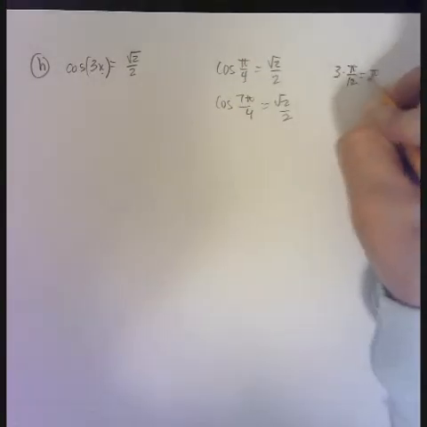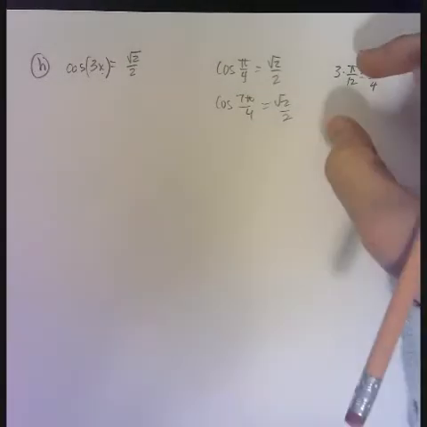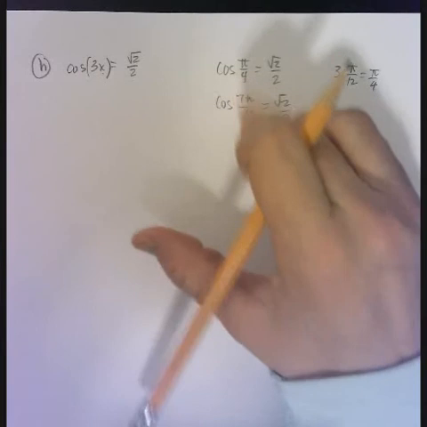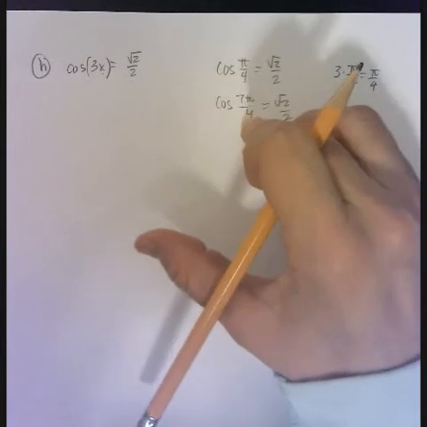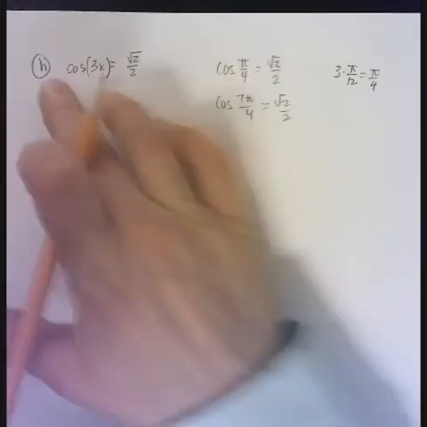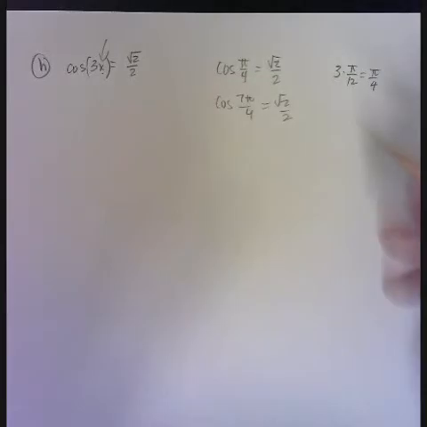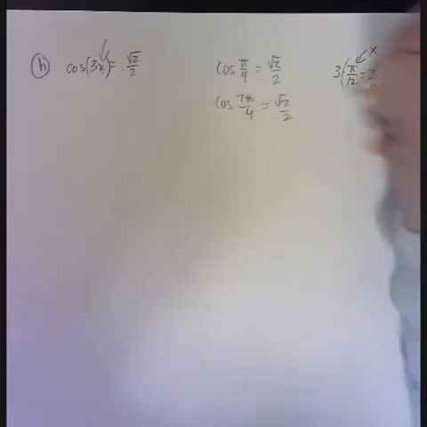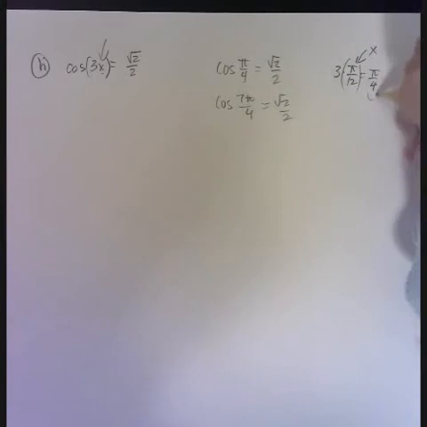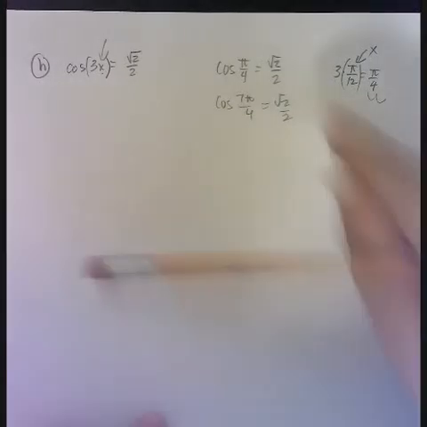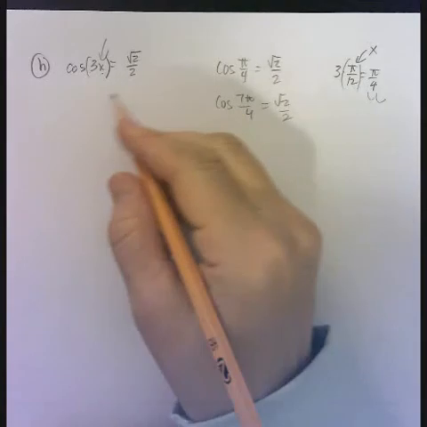So this 3 affects what the x will be. You want these numbers in the cosine, but it affects what the x will be, I should say. So then the output, you're actually taking cosine of pi over 4. Well, you don't have to really do what I did here and come up with it like this. What you can do is say, okay, I want this in here to be pi over 4.